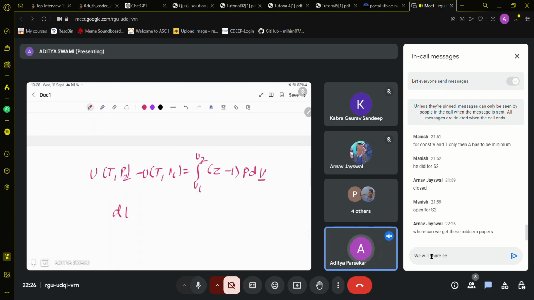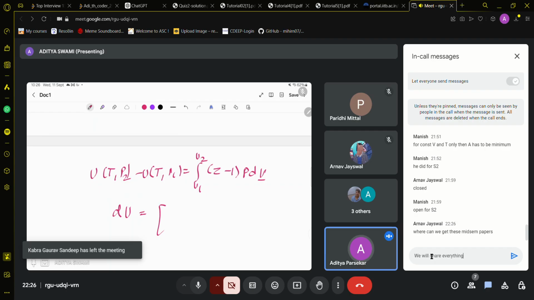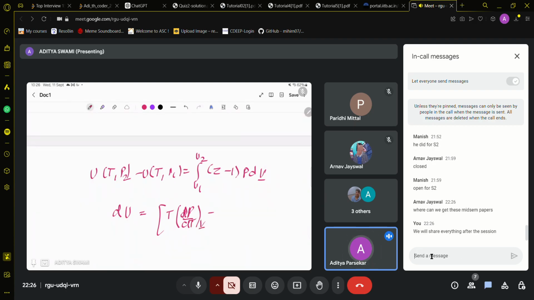We have the equation given that dU is equal to T (dP by dT at constant v bar) minus P dv.